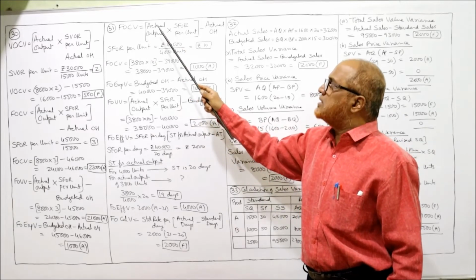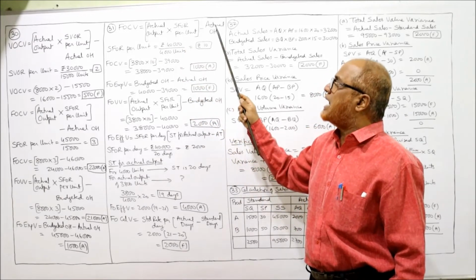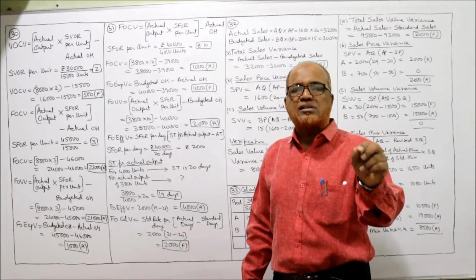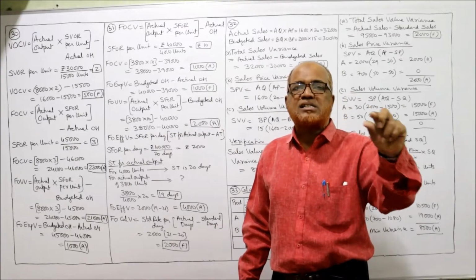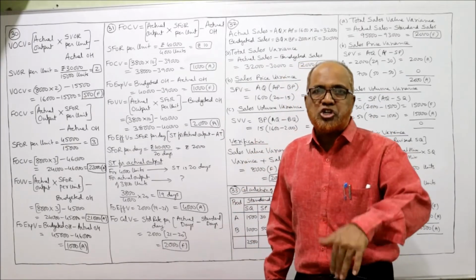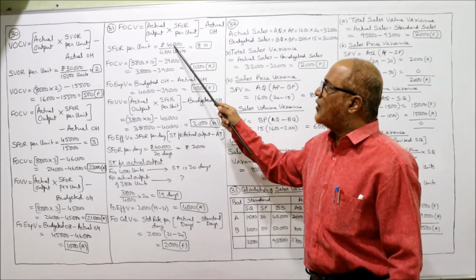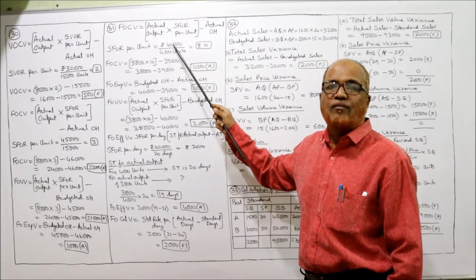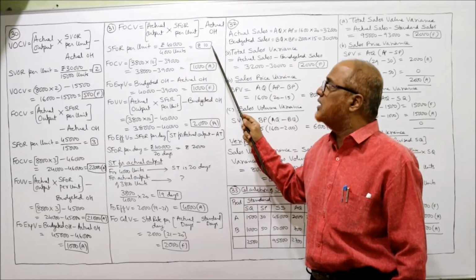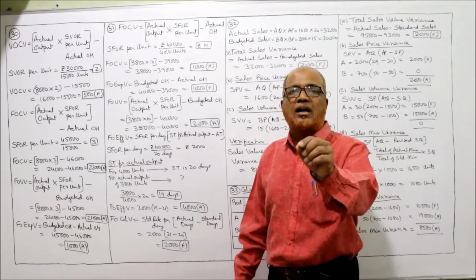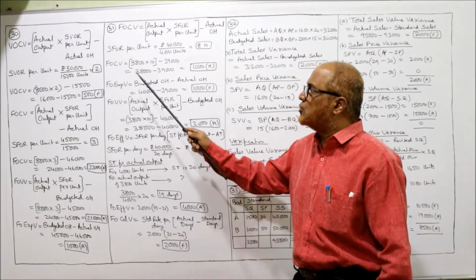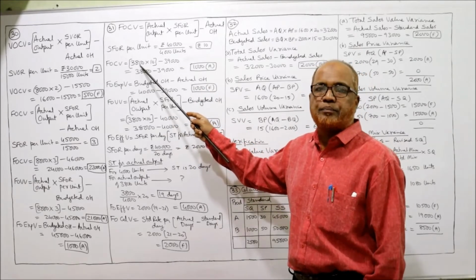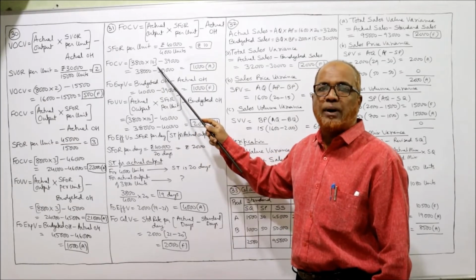SFOR per unit, standard fixed overhead rate per unit, is equal to standard overheads divided by standard production. The standard overheads are 40,000 and standard production is 4,000 units. So 40,000 by 4,000, 10 rupees per unit is the SFOR. Now substitute. FOCV is equal to actual output 3,800, given in the problem, into SFOR per unit 10 rupees.